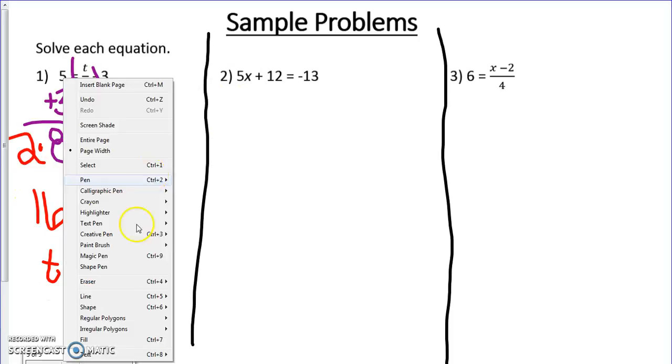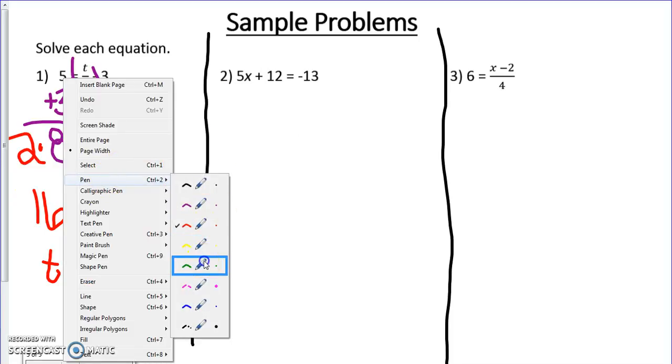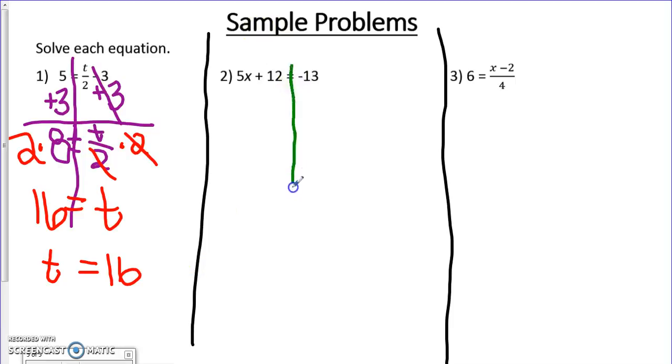Number 2. Again, let's set it up. Equal sign is right here. It says 5x plus 12 equals negative 13. 5x means multiply, plus is add. So we're multiplying, then adding, and we're going to undo it by subtracting first. We subtract 12 from both sides. Bring down the 5x because we did nothing with it.